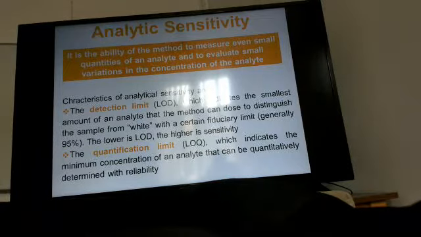What is the analytic sensitivity of a test? It is the ability of the method to detect low concentrations of specific biomarkers. So the more sensitive a technique is, the more able it is to detect low concentrations of an analyte.